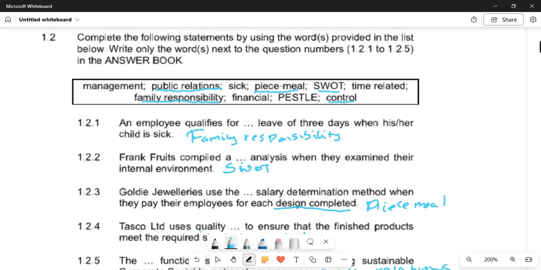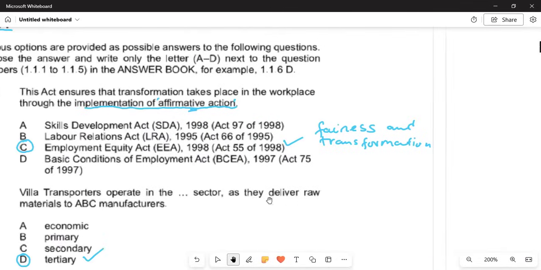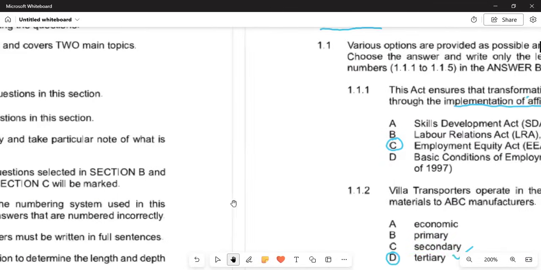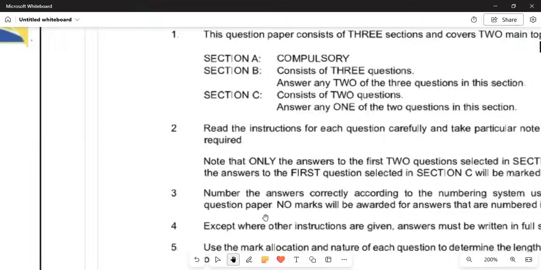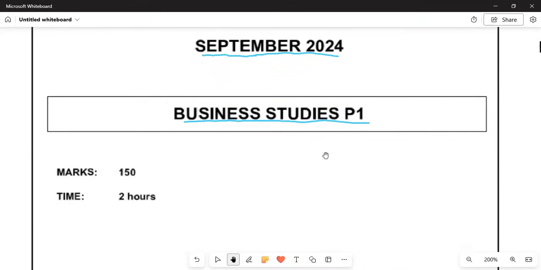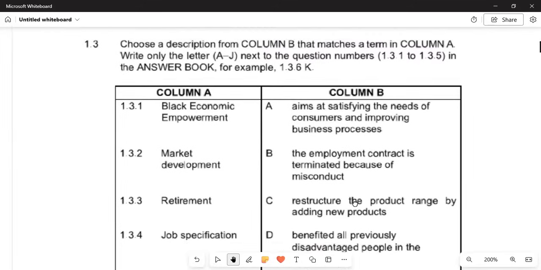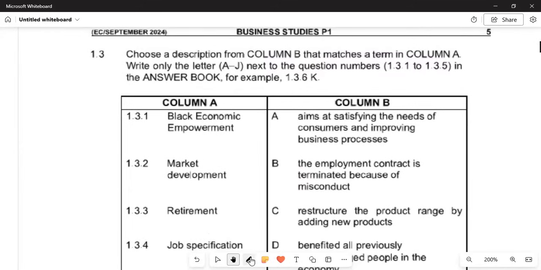Now we are to go to 1.3. Here is our 1.3.